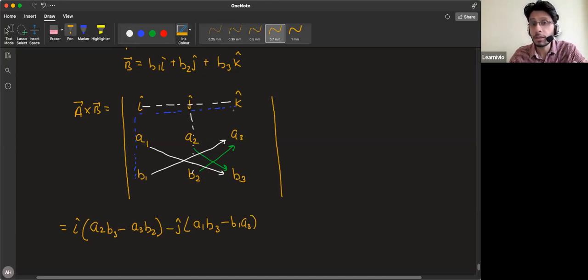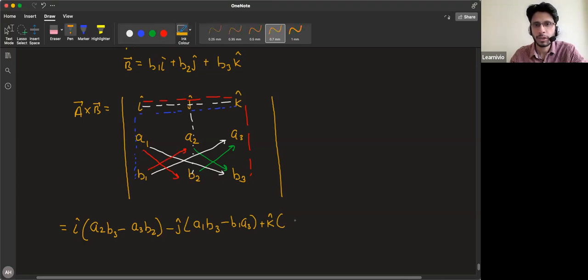Now, if I take the third element, which is k cap, the first row containing k cap and the column containing k cap get eliminated. You are left with A1, A2, B1, B2. So this will be A1 B2 minus B1 A2.